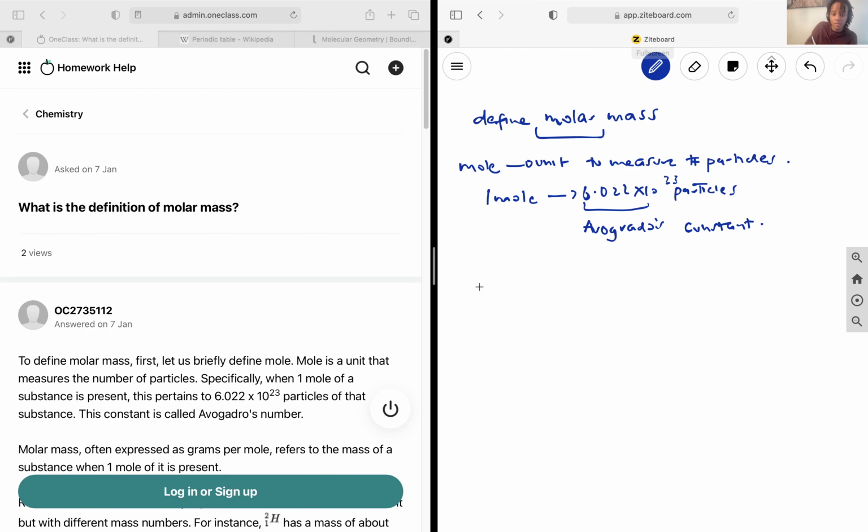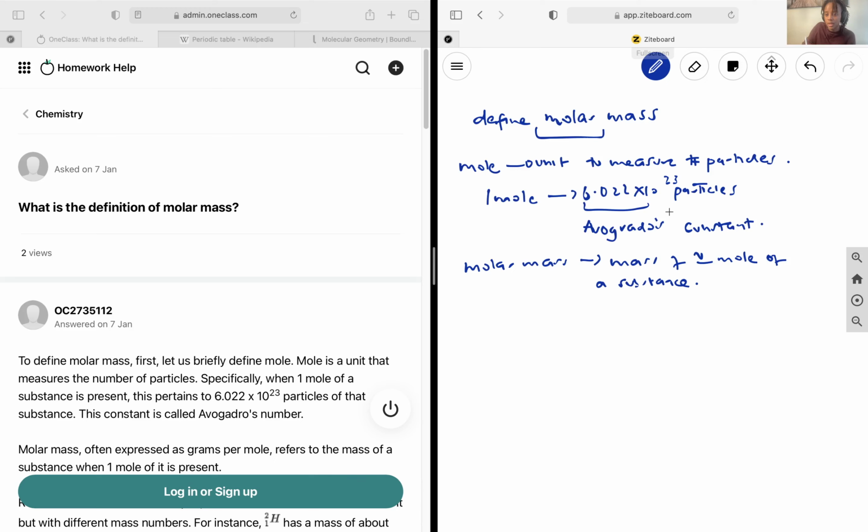Now the molar mass is defined as the mass of 1 mole of a substance.